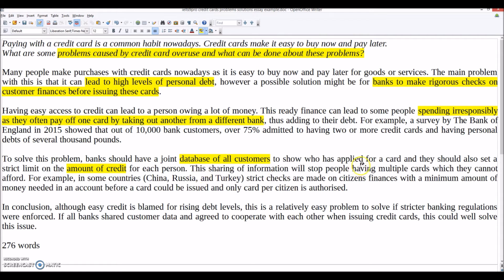This sharing of information will stop people having multiple cards. And then a specific example, I think this is true. In some countries, they check your finances before they issue you a card. Unlike in England, where you can get a card pretty easily.